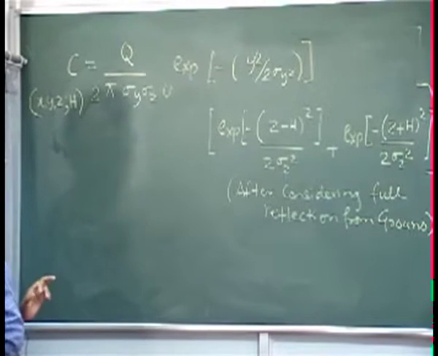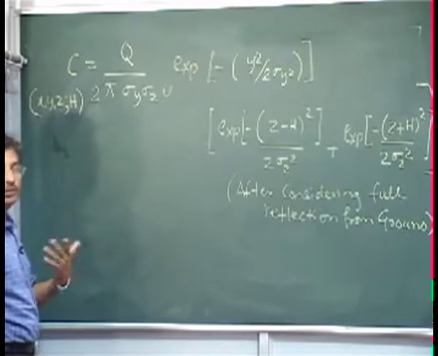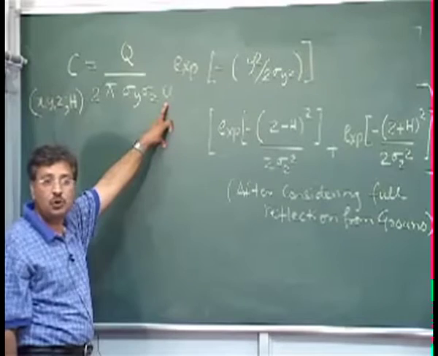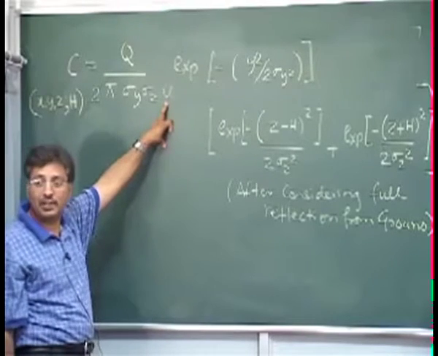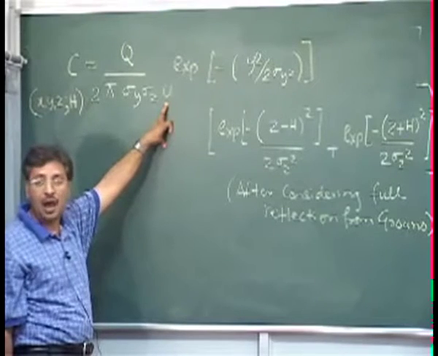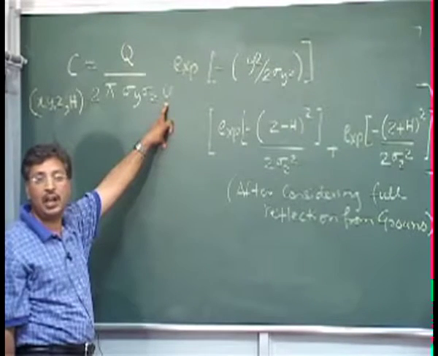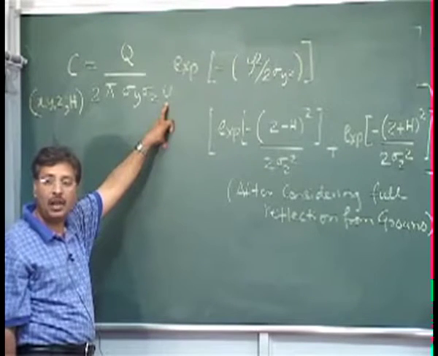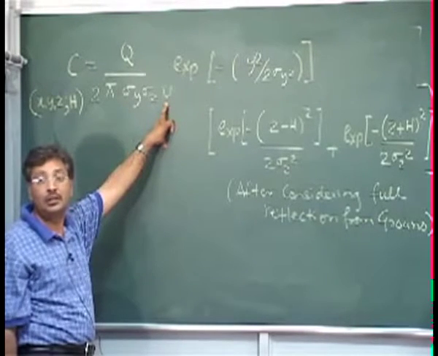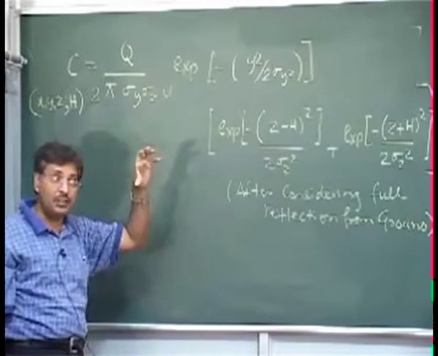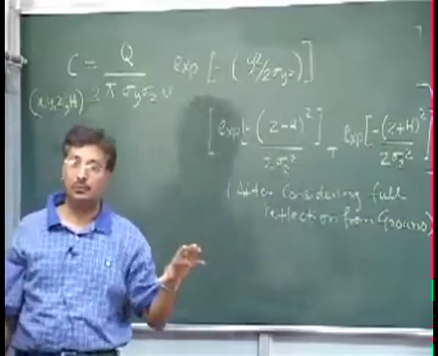Few things I should tell, or rather you should tell me. This u, we took as the wind speed at ground level, right? Now this u should be at what height? Should it still be at the ground level or at some other height? At h, because this is the wind speed which is affecting the plume.